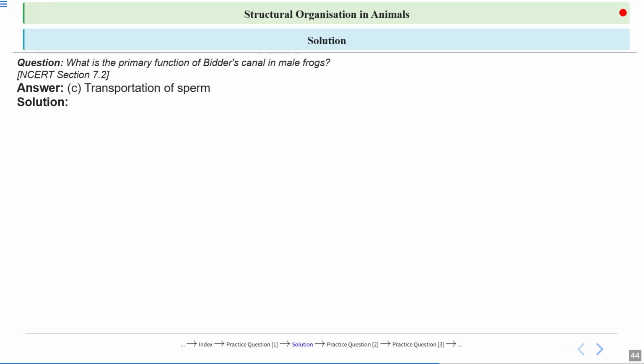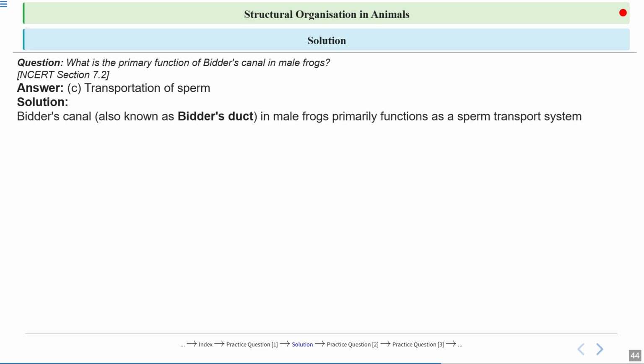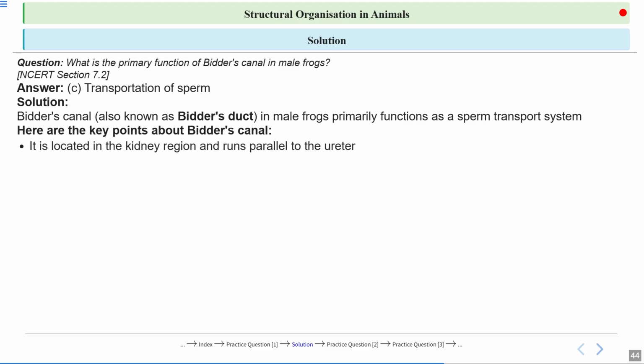So the correct answer is option C, transportation of sperm. Bidder's canal, also known as Bidder's duct in male frog, primary function as a sperm transport system. Here are the key points. It is located in the kidney region and runs parallel to the ureter, right? It is present in the kidney only.